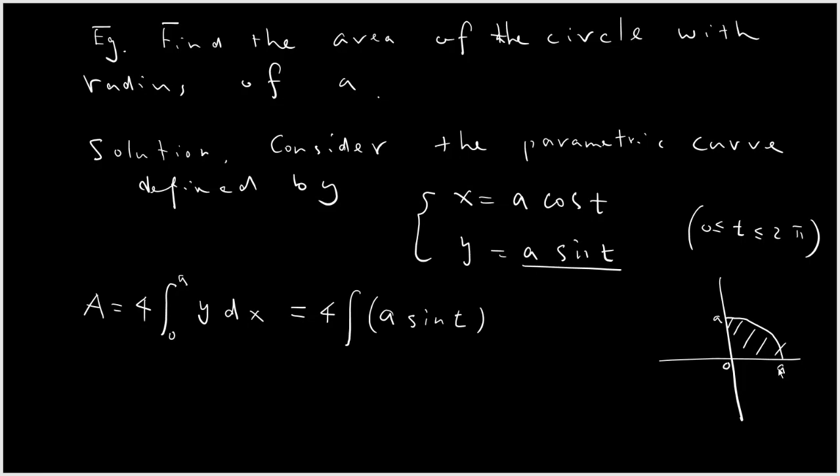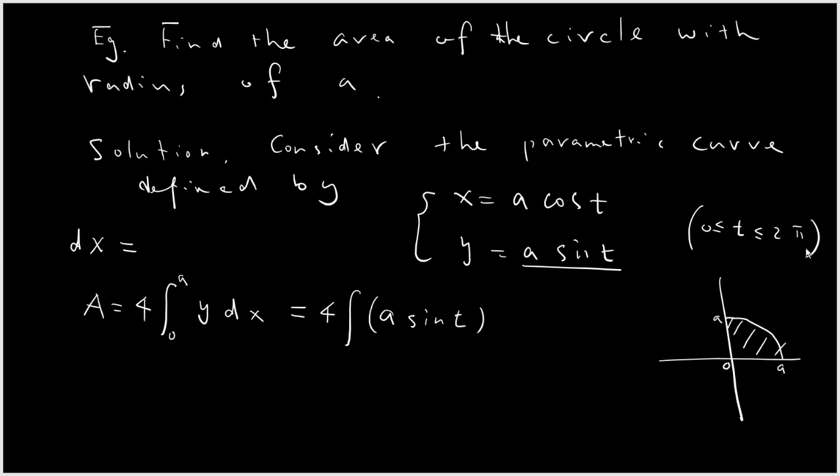And to get this, we have to compute dx, right? Now let's get dx. So this time dx is much easier. You look at the mouse cursor, x is a cos of t. So dx, you differentiate a cos of t and then multiply by dt.